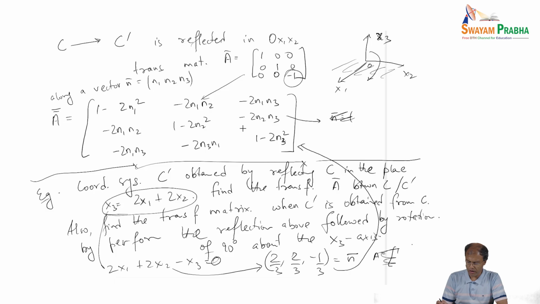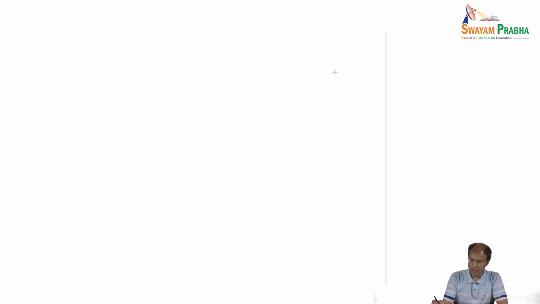The important thing I wanted to mention is that there is a second operation mentioned in the problem. It says that the matrix C prime is obtained from C by performing the above reflection, followed by the rotation of 90 degrees about the x3 axis. So now let us see what this rotation matrix is.